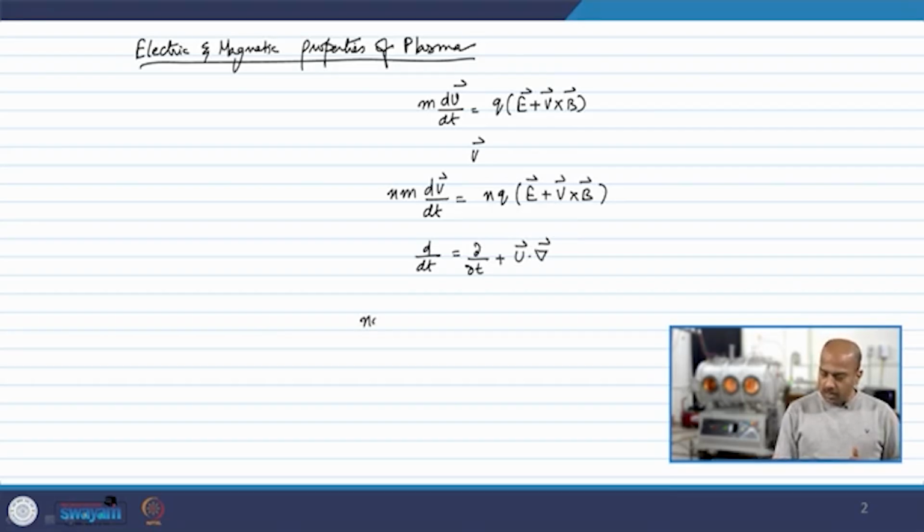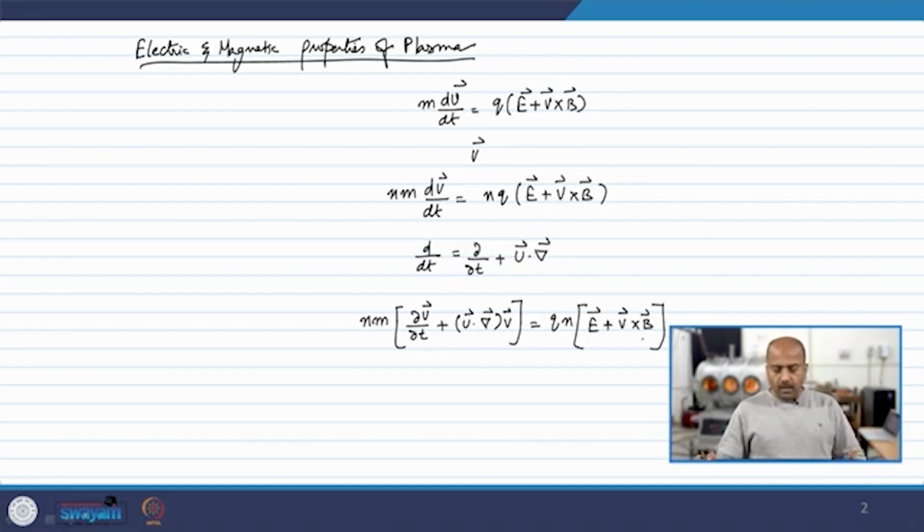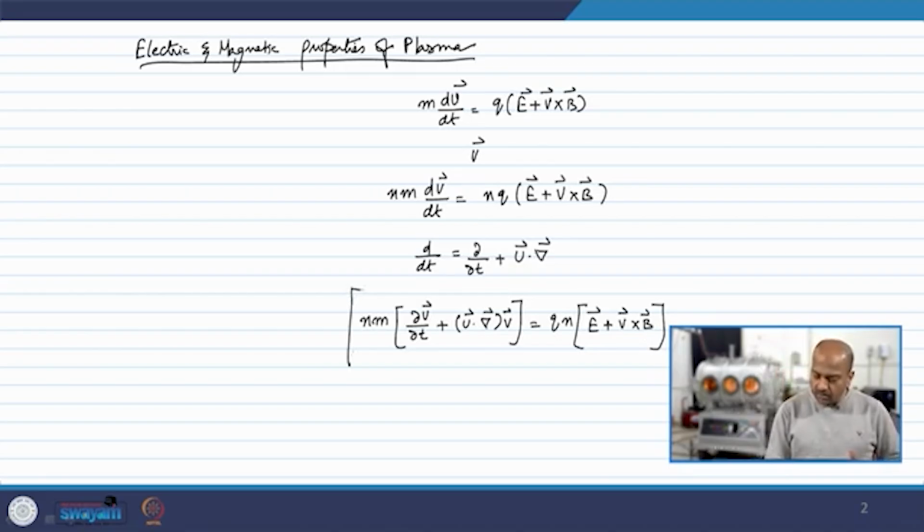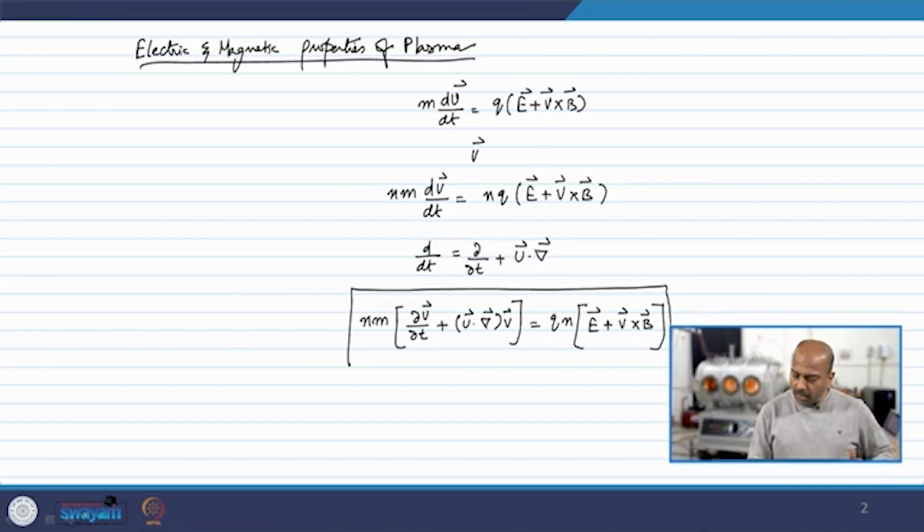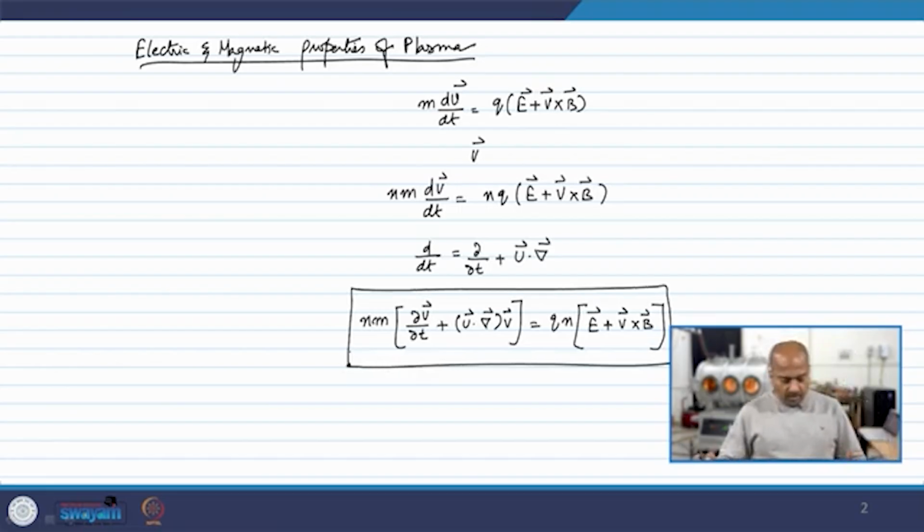So, we can write n m (∂v/∂t + v·∇ v) = q n (E + V × B). So, this is the generalized equation of motion for plasma, which is considered as a fluid.